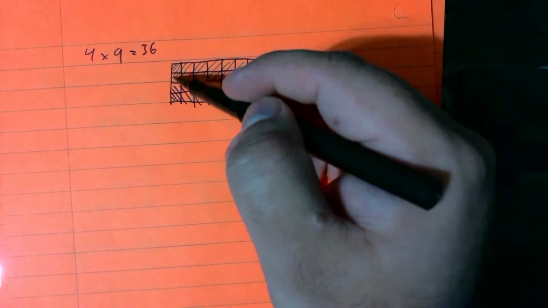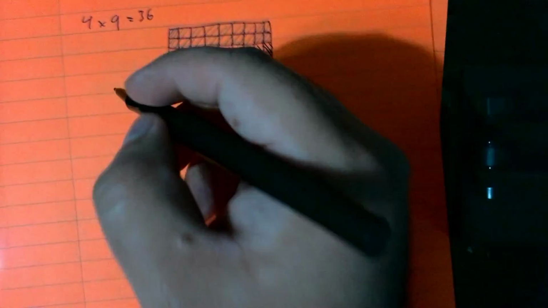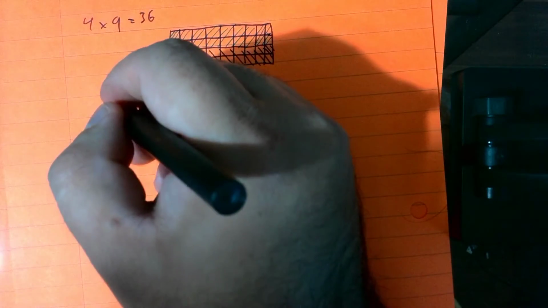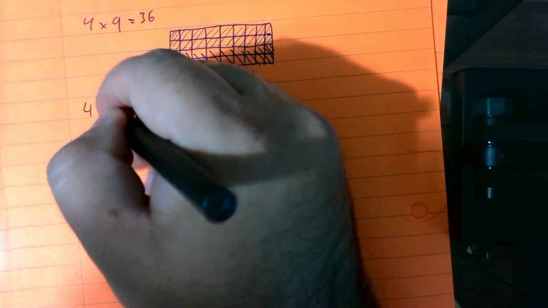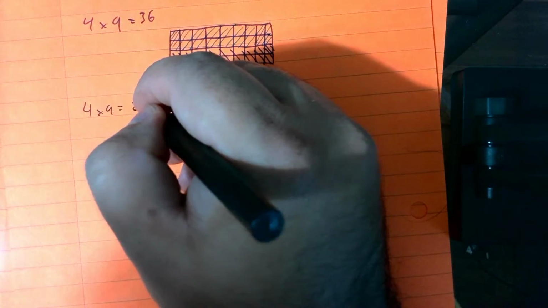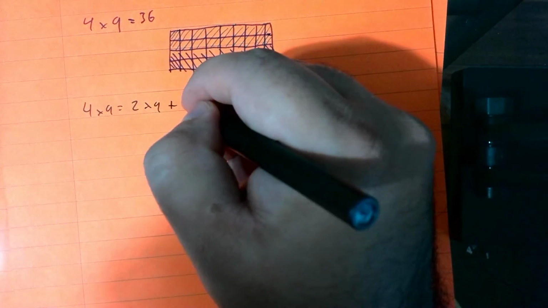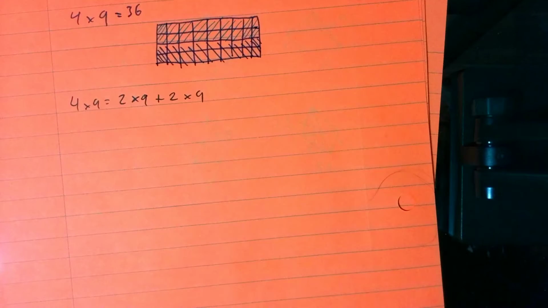Here I divided it up into 2 different colors, by 2 and by 9, right? 2 by 9. So you know that 4 is just 2 times 2. So 4 times 9 becomes 2 times 9 plus 2 times 9. This is called decomposing.